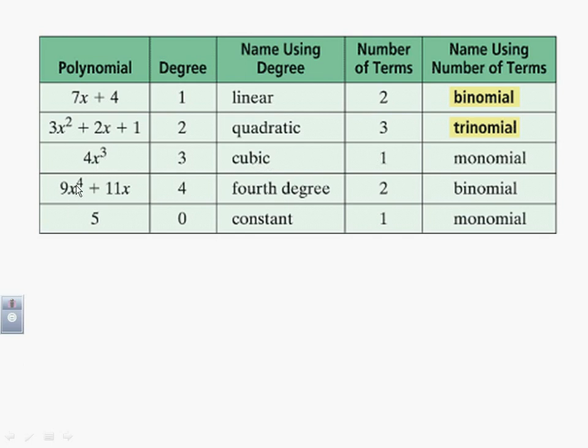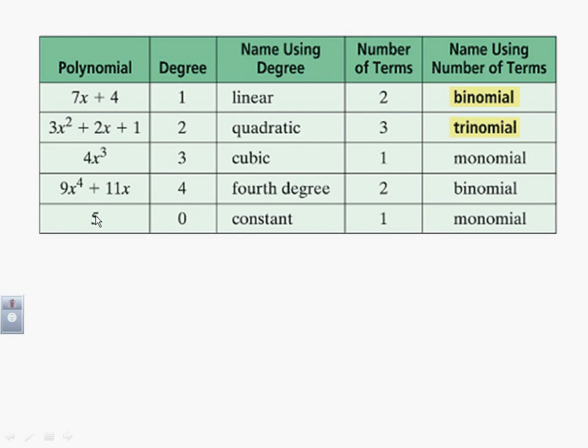In the book they call this 4th degree, and when you get more advanced they call it a quartic, but you don't have to worry about that, okay? So this is a 4th degree binomial because it has 2 terms. This tells you what you call it in terms of how many terms it has, and this is what you call it based on the degree.